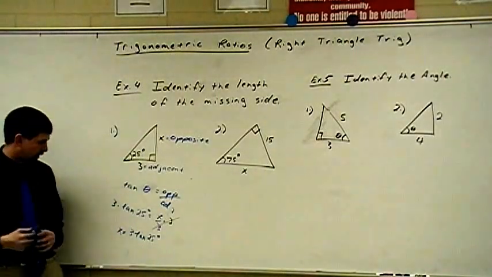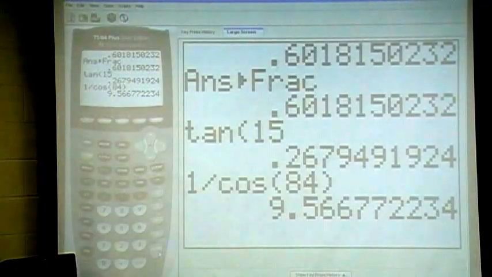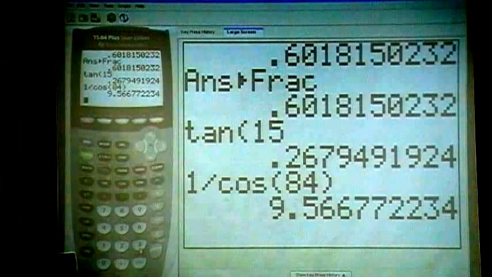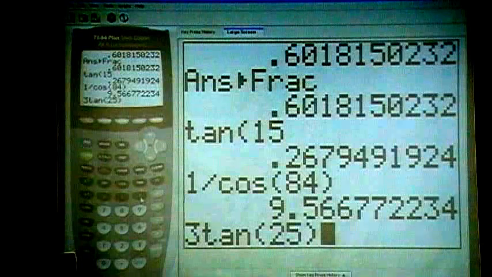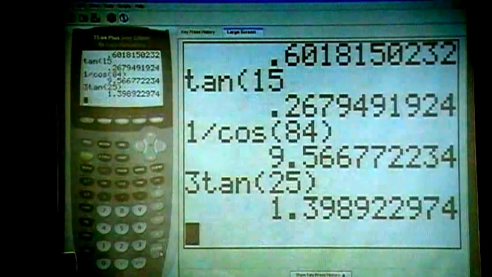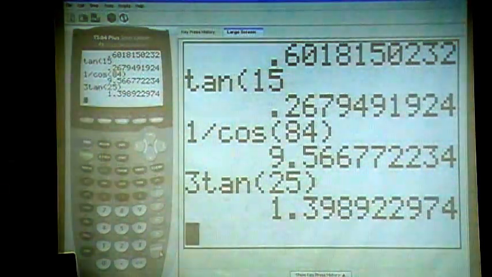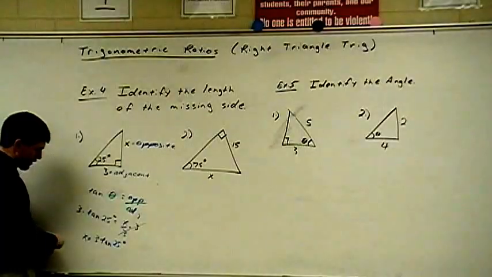We can go over to the calculator and punch that in. Type in 3 tangent 25 degrees, and that should tell me what x is equal to, which is going to be 1.399.